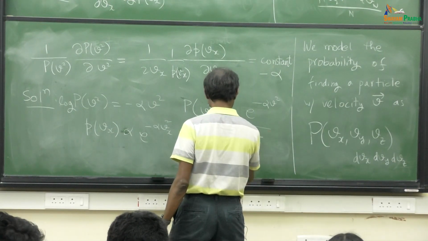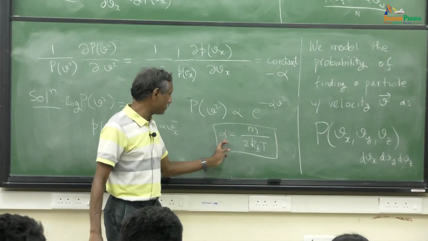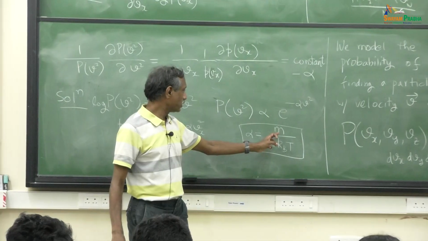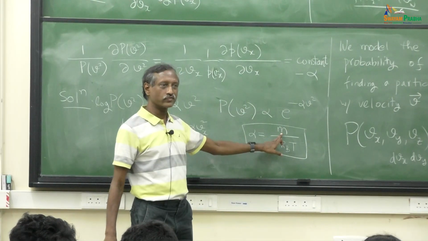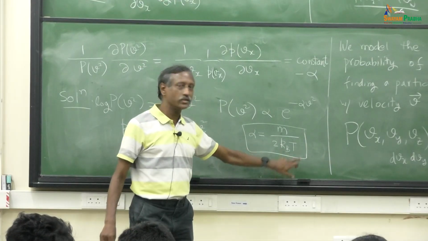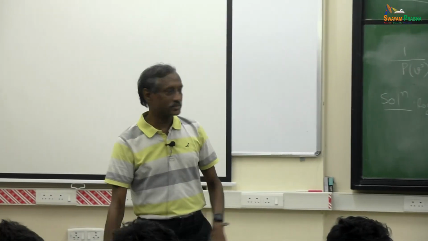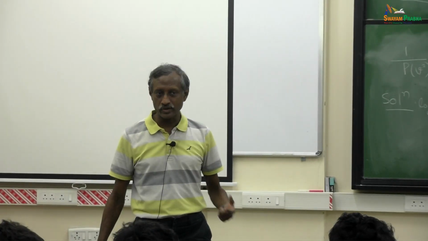this is not obvious. Okay, so we need something. So it says that alpha will be m, the mass of the particle, Kb is something called the Boltzmann constant, and T is the temperature of the gas. So if you give me the gas, Kb is a constant, mass is also a constant.